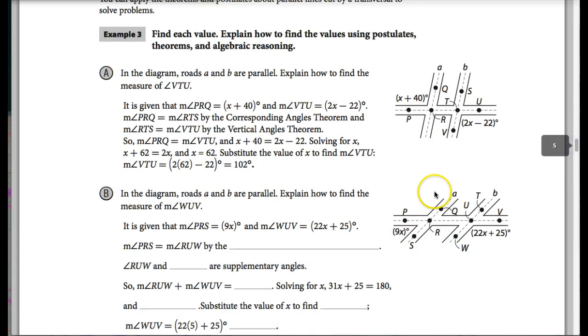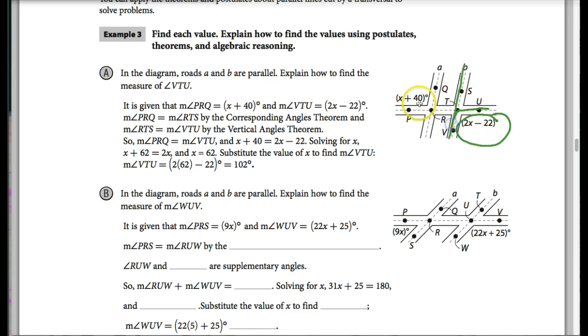Look, in the diagram, the roads A and B are parallel, so I'm guessing this is the transversal. You have to explain how to find the measure of angle VTU. So here's VTU. You have to find the measure of that angle, 2x minus 22.